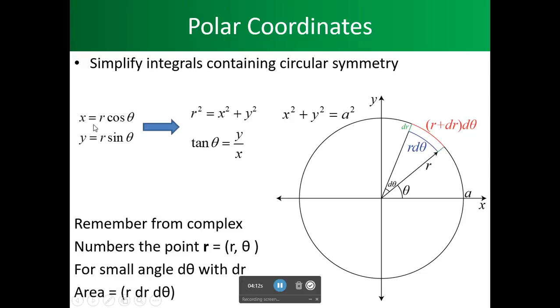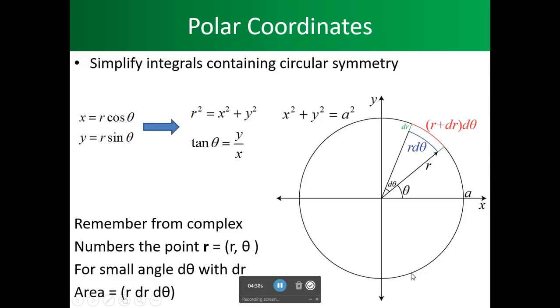We have x and y, we mentioned those already, the sine and the cosine. r squared is equal to x squared plus y squared. That's vitally important. Then we have x squared plus y squared equals a squared.